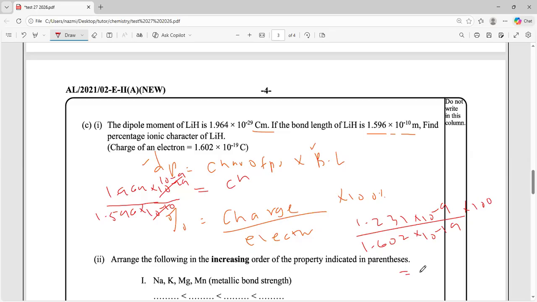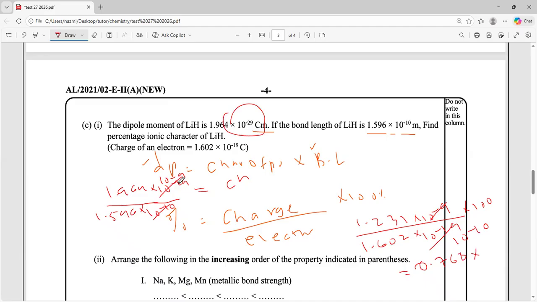So your answer would be 0.768 times... Here you will have 10 to the power minus 10 on the bottom. If you take it on top, 10 to the power minus 29, right?